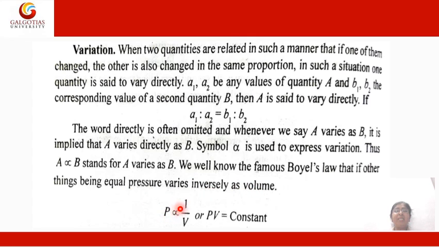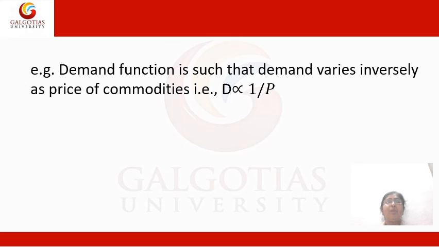That is, P is inversely proportional to volume, or PV is equal to a constant. Another example is the demand function, where demand varies inversely as the price of commodities. That is, D is inversely proportional to 1 by P.